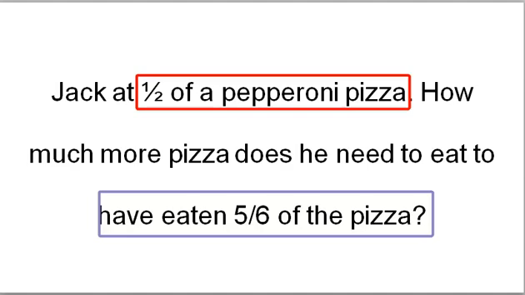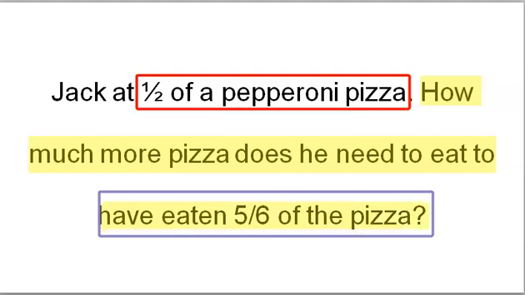And we want to know how much more pizza does he need to eat in order to have eaten 5/6 of a pizza? All right, and those quantities kind of overlap a little bit. So at this point, I want you to be thinking, what is my whole?